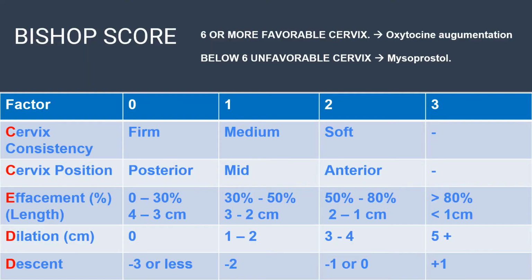That is a score that we use to assess the cervical conditions in order to know whether we're going to make an induction with oxytocin augmentation or with misoprostol. After doing all of this score that we have here, we will have a score of 6 or more, that is a favorable cervix, or below 6 is an unfavorable cervix.